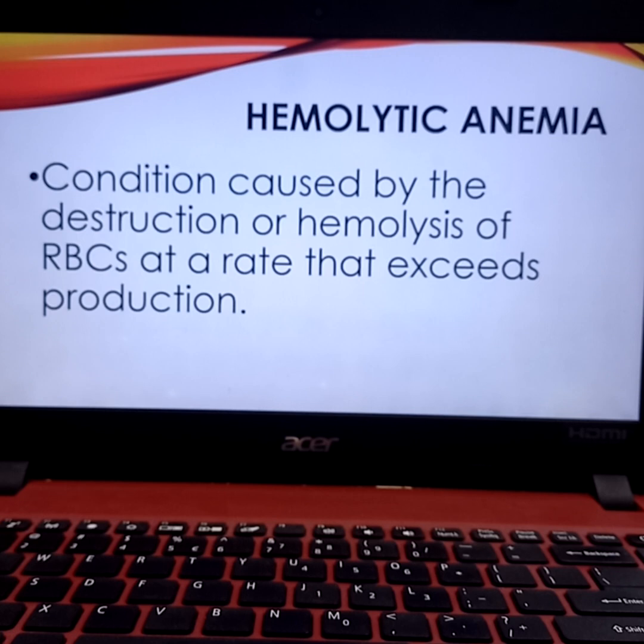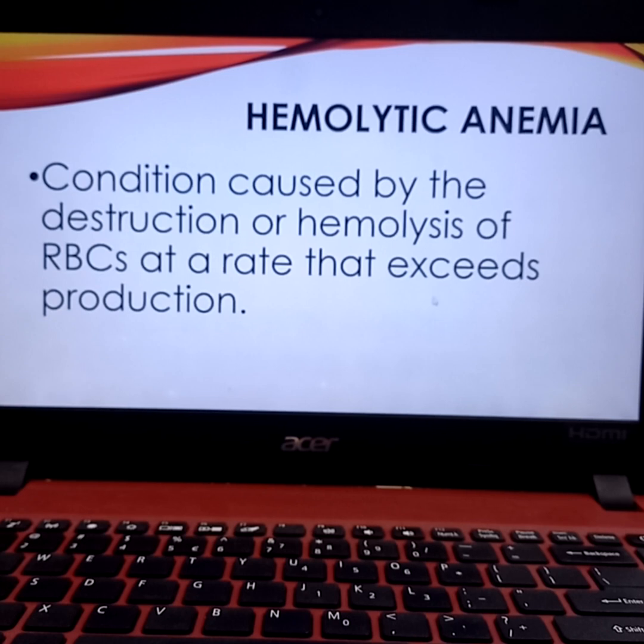After 3 months, the old blood cells will die and go to your spleen, which is considered the graveyard of dead or destroyed RBCs. So basically, anemia occurs when the destruction occurs in less than 3 months, which is the normal lifespan of a red blood cell.